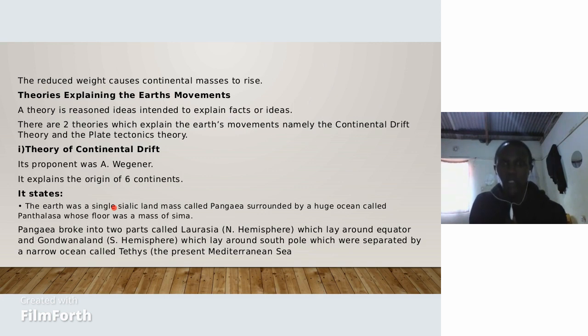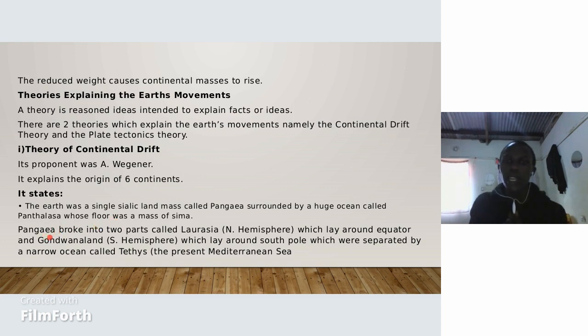It explained the origin of the six continents. What does this theory state? It states that the Earth was a single landmass called Pangaea, surrounded by a huge ocean called Panthalassa, whose floor was a mass of Sima.